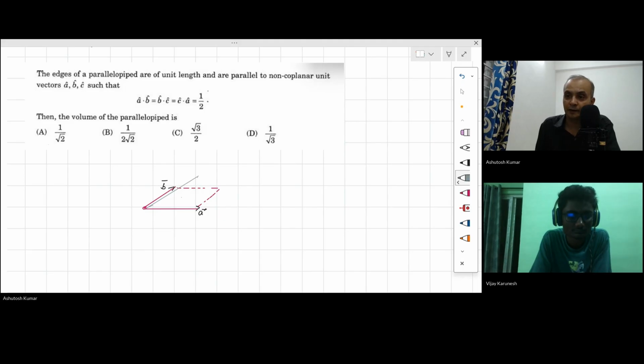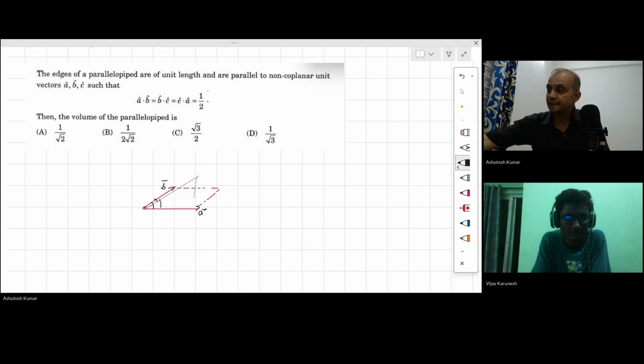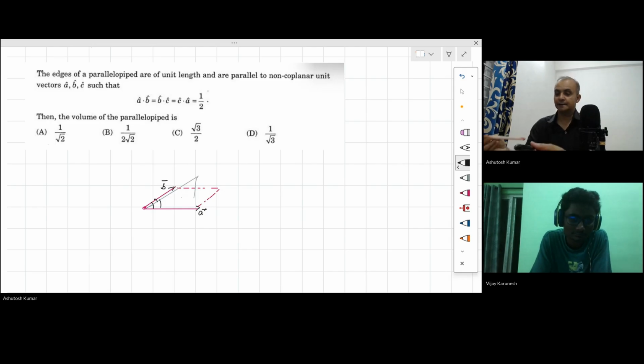But you have to realize that this is going to be the same length. Now notice one thing. This angle is also 60. This angle is also 60. And this A and B angle is also 60.